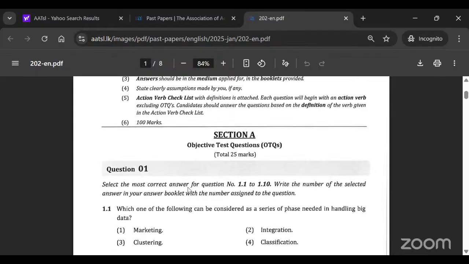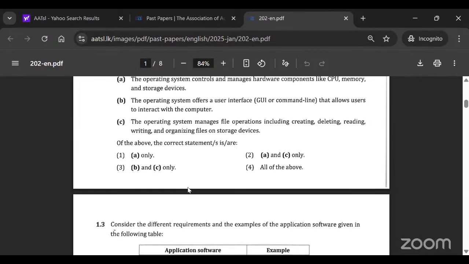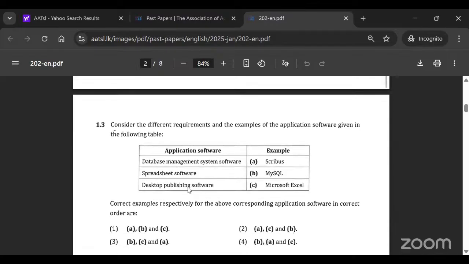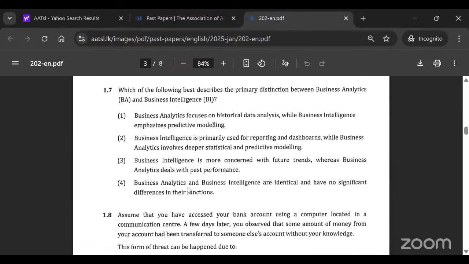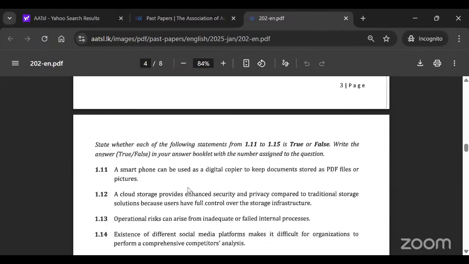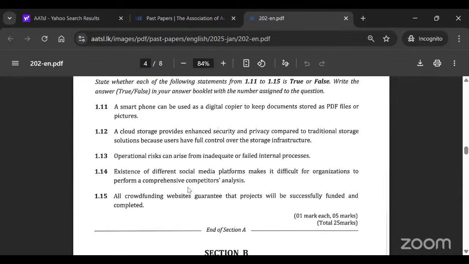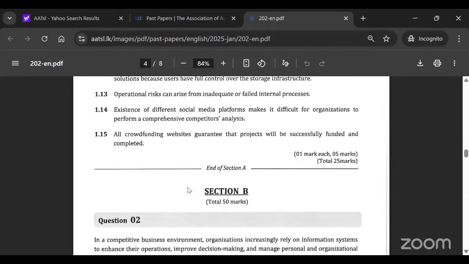OTQ means you have 10 MCQs and another 5 true or false. You have to mark true or false, right?